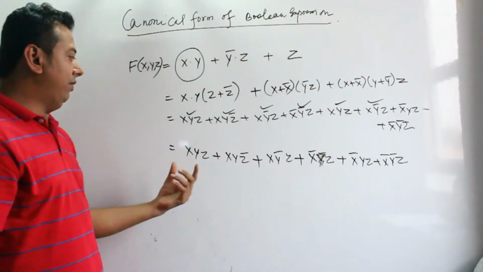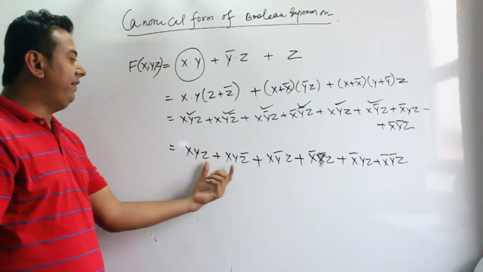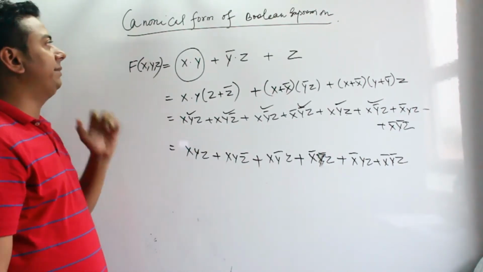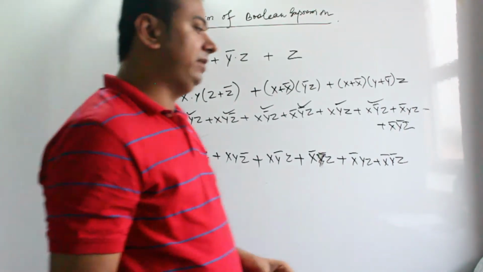So now in this Boolean expression each and every term contains all three variables. So this is the canonical form of the Boolean expression.